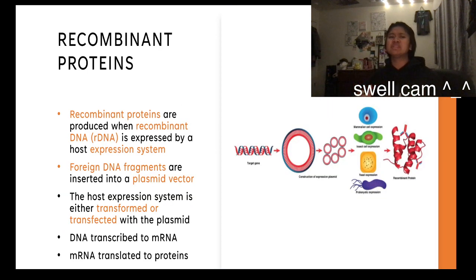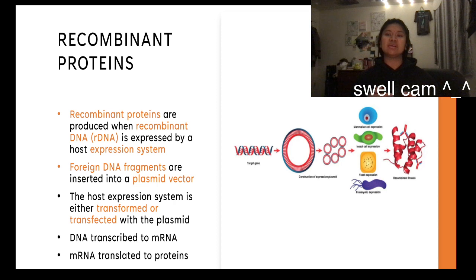To preface this presentation, we're going to start off with recombinant proteins. Recombinant proteins are produced when scientists genetically engineer vectors using recombinant DNA.